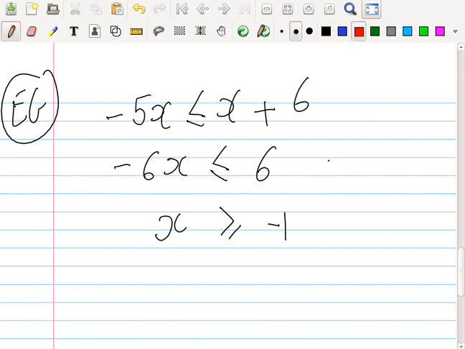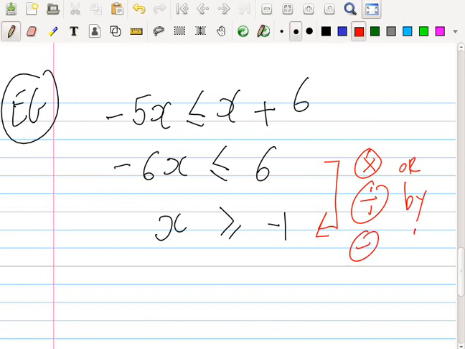And what you need to know here is when you multiply or divide by a minus, that makes a flip in the sign. So here I divided by minus 6 to cancel. And whenever I multiply or divide by a negative number, I flip this around.